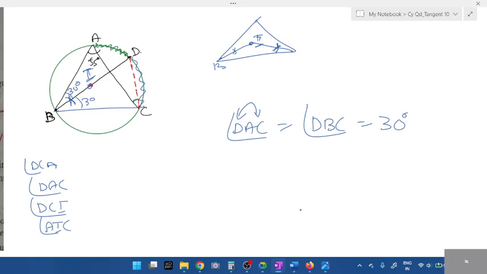Yes. Angles formed in the same segment. 30 degrees. Both are 30 degrees. So that's the reason B was given. So angle B was given. BI was the angle bisector. Okay. So BI was angle bisector.